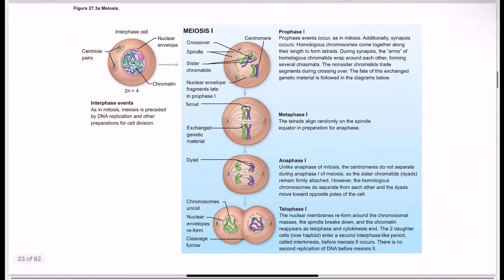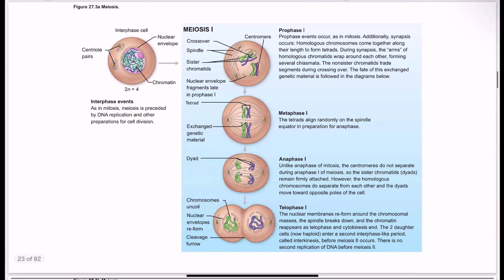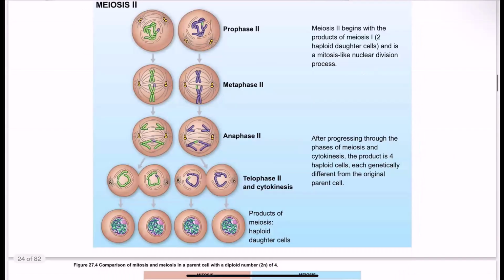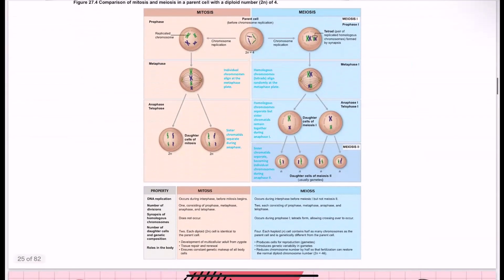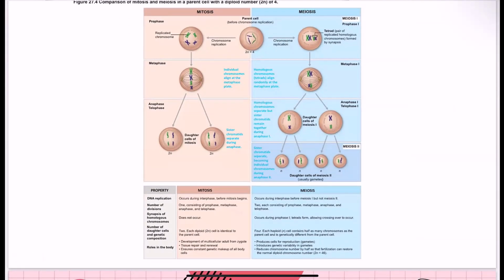I'm inserting these next 2 slides here just to show you the same information as before, but zoomed in. So hopefully it's easier to see on your devices when you go back. Okay. I really like this slide because it's a comparison between mitosis and meiosis.